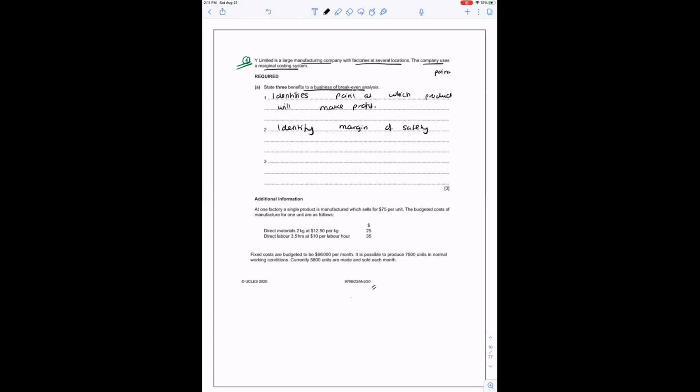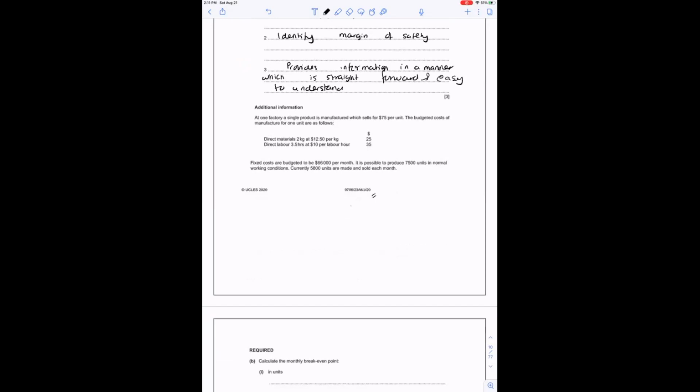It provides information in a manner which is straightforward and easy to understand. You need 3 points. We've given 3 points. Let's move ahead.